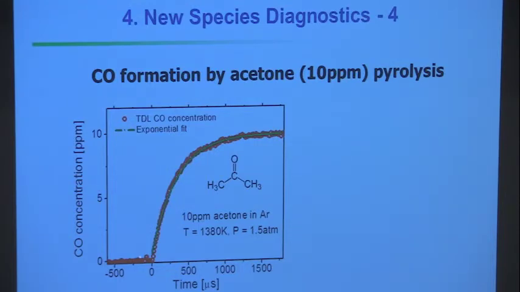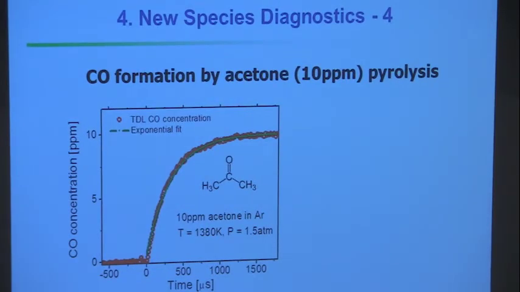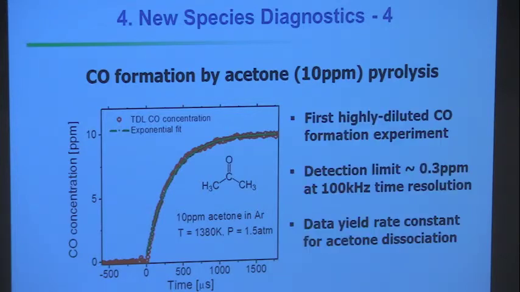We do this experiment with acetone, and we show that we can see the time history of the decomposition of acetone. By looking at the final level, we realize we've got our calibrations just right. We're actually measuring parts per million versus time. By doing only 10 parts per million, it's nearly pure argon. It's as good an experiment as we can do. We also measure the pressure to make sure that it's constant for 1.5 milliseconds.